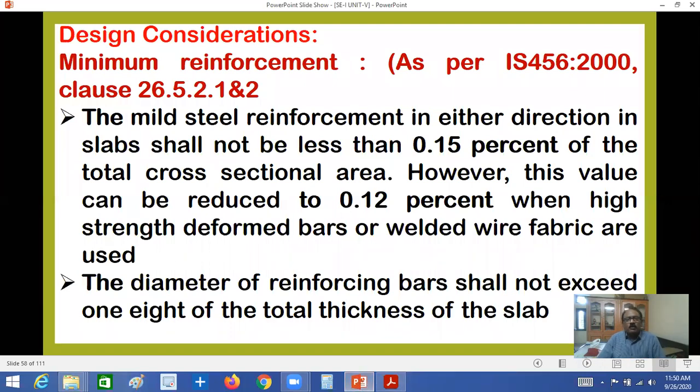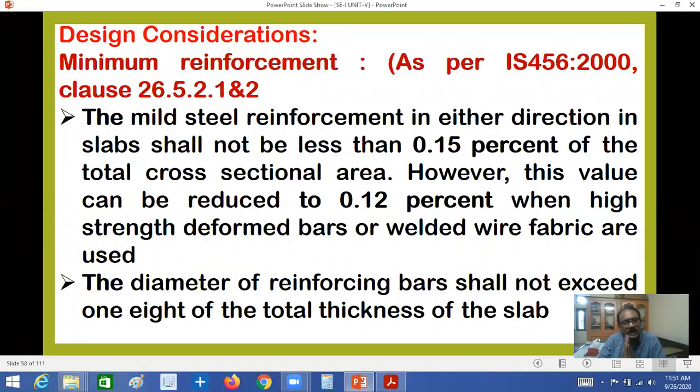One more important point, as per IS 456 clause 26.5.2.1 and 2: the diameter of reinforcing bar shall not exceed 1/8 of the total thickness of the slab, right? Suppose the thickness is 200, what is 1/8? That is 25. You should not go for 32.